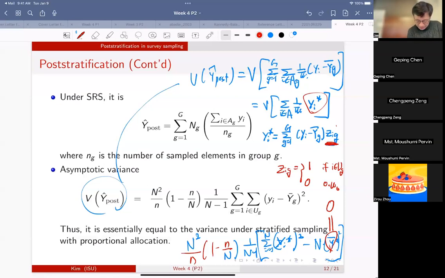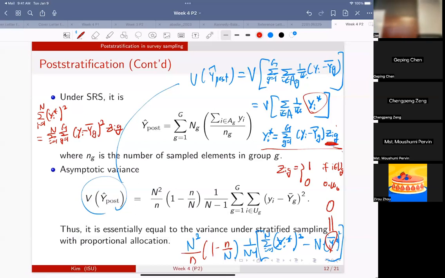what is the sum over i equal to 1 to n of yi star square? Well, you can use this indicator, right? So the sum over i equal to 1 to n of yi minus y bar g square times Cig.